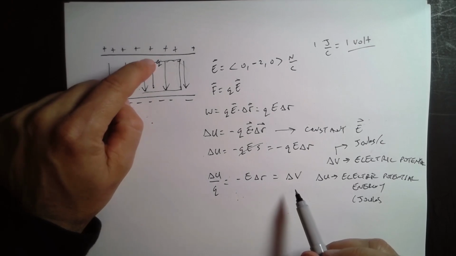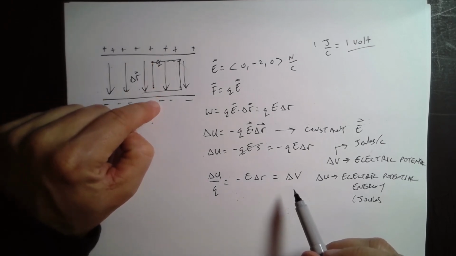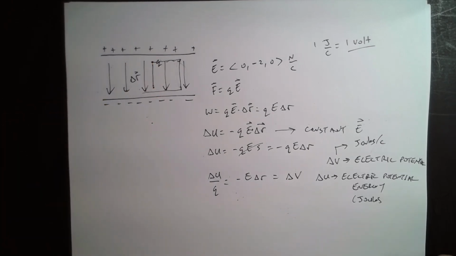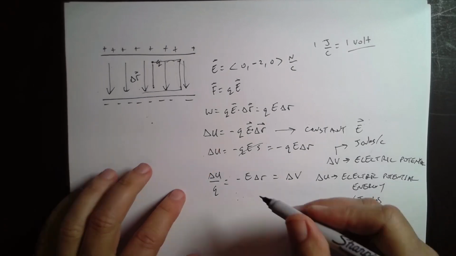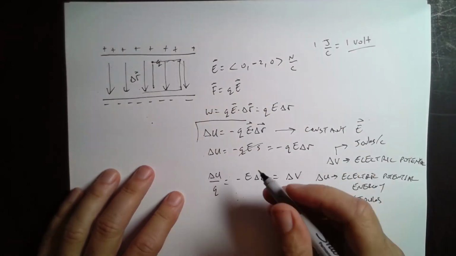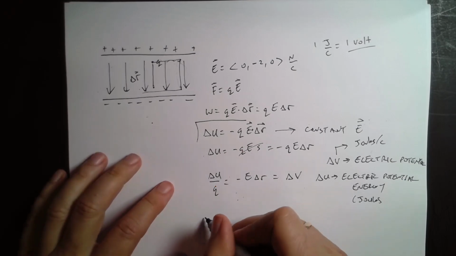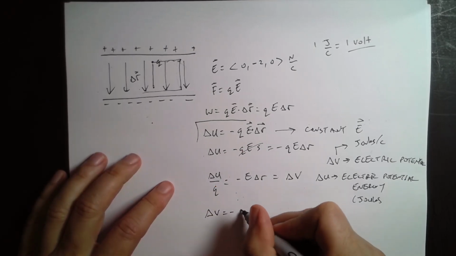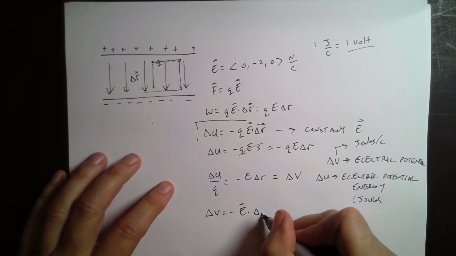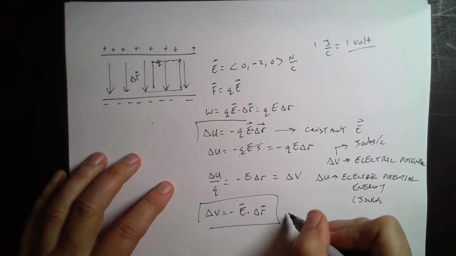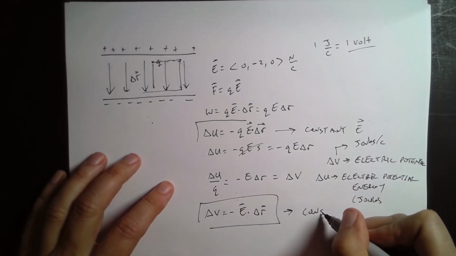Then I could put some different charge there and have the same change in electric potential, but a different change in potential energy. So delta V equals negative E dot delta R for constant E.